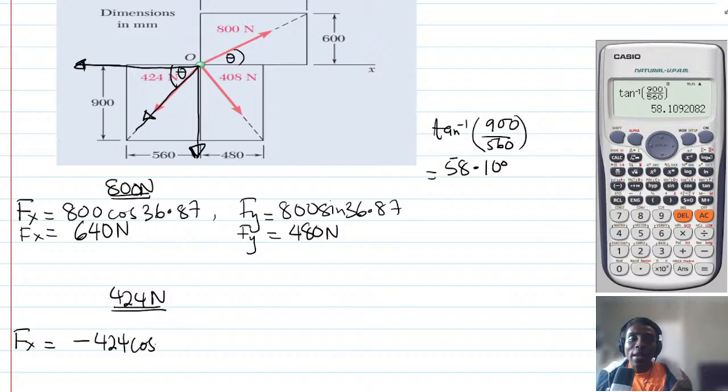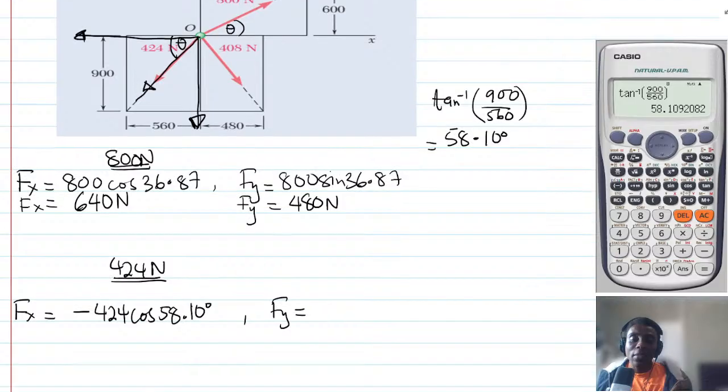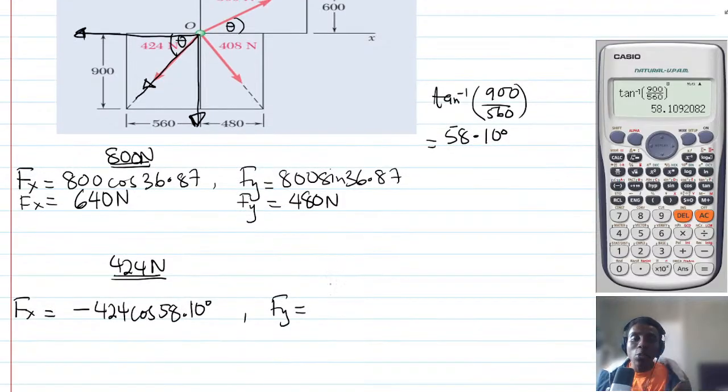cosine 58.10. And the Fy is also going to be minus 424 sine 58.10. So yeah, that's it. So 424 cosine 58.10, that's minus 224.06.